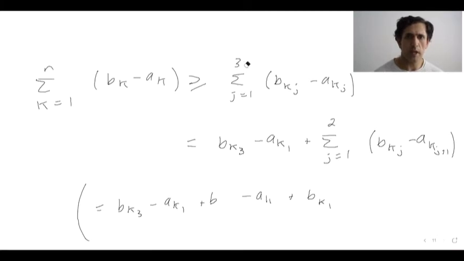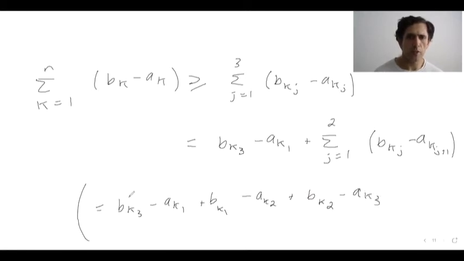Sorry about that. When j equals 1, it's bk1, ak2. And when j equals 2, it's bk2 minus ak3.